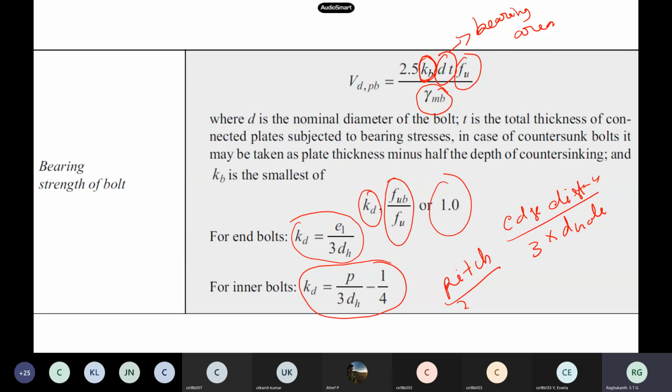This is an empirical formula, or 1. For end bolts you use one expression, for inner bolts the other, and whichever is smaller you use to calculate the design bearing strength. This is how the code specifies.